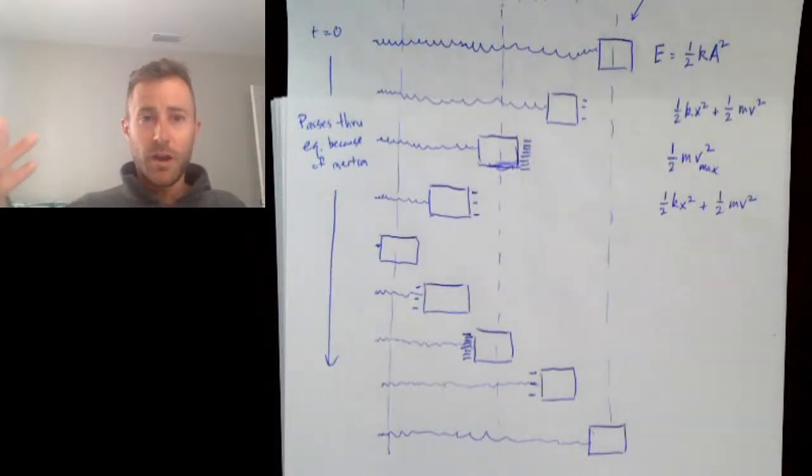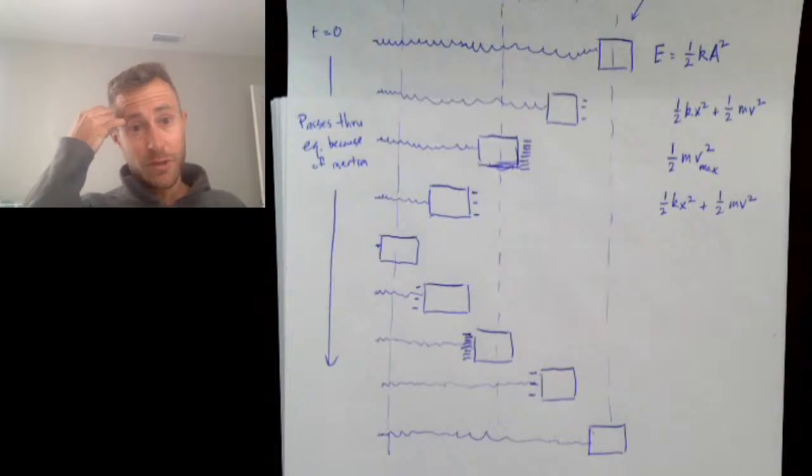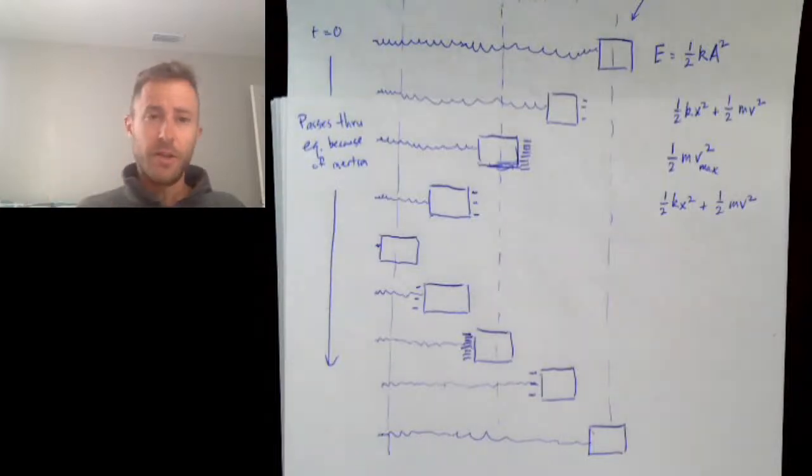Next week, we're going to talk about the presence of friction. If you do have friction, then some of the energy is going to become heat with each period that is completed. So you lose amplitude with each successive vibration. That's a really good question.